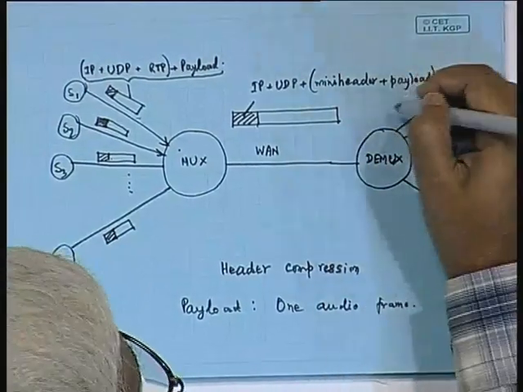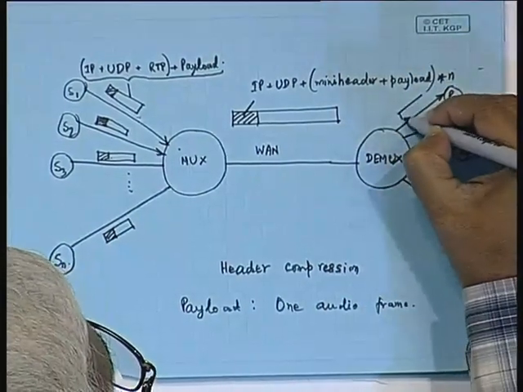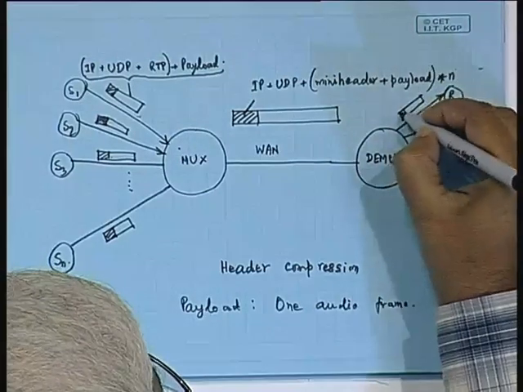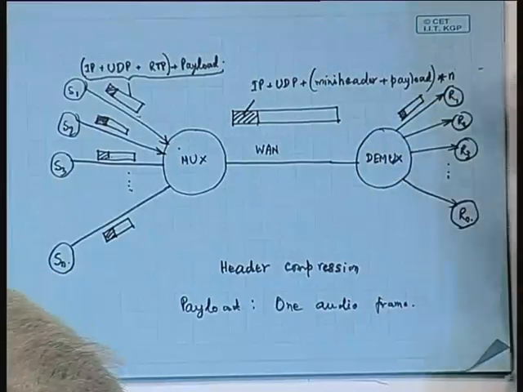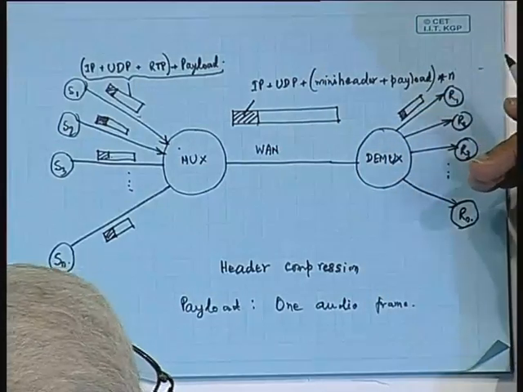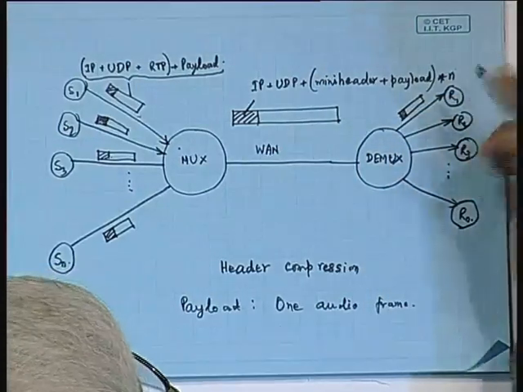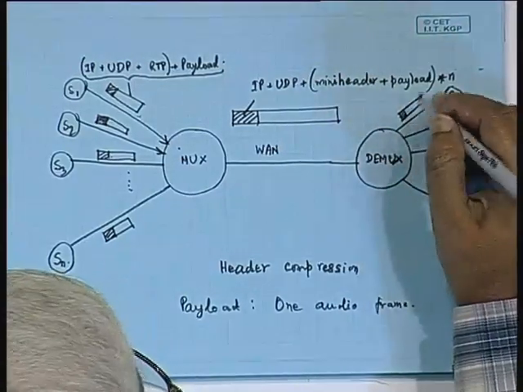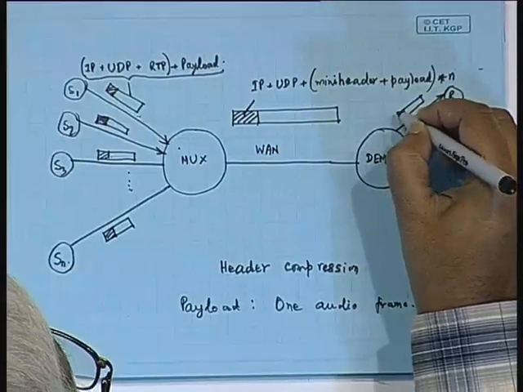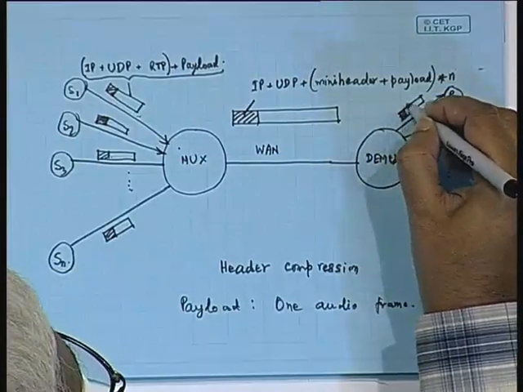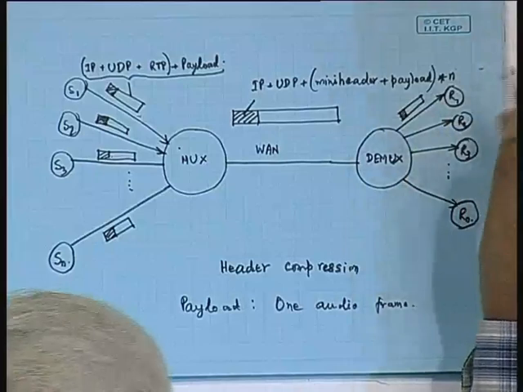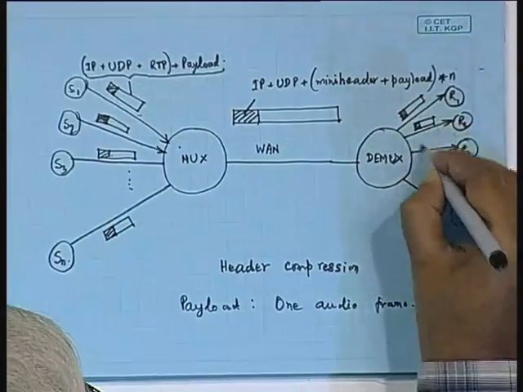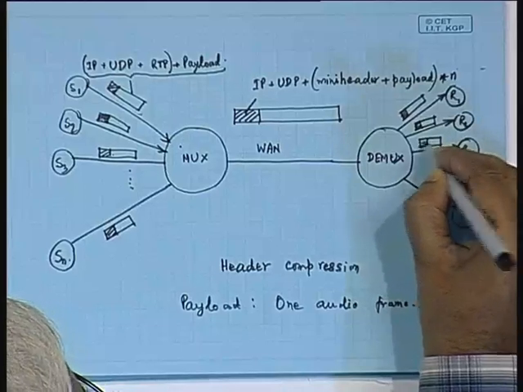And to each of these receivers the data packets or rather the voice packets will go, with its own IP plus UDP plus RTP. So, then again to these individual LAN segments we have to form this IP UDP RTP header plus the payload information, and this will go to the different receivers at the destination end.